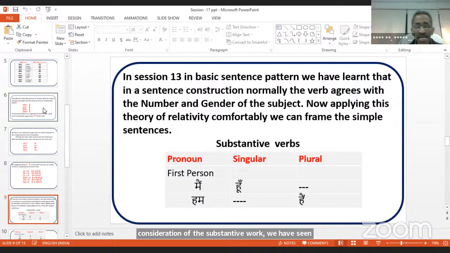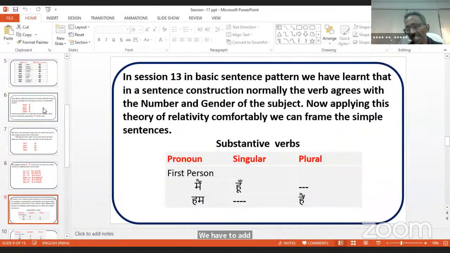Now here for main, we have to give hoon. Whenever main comes as the subject, we have to add hoon to the verb. That's always, main is singular formation. So main in singular, hoon.